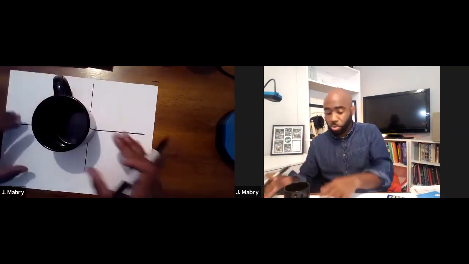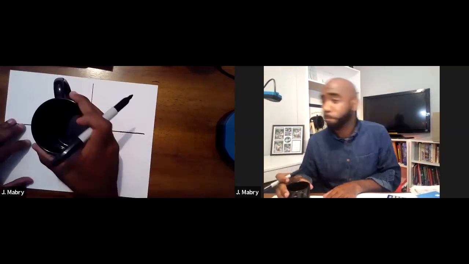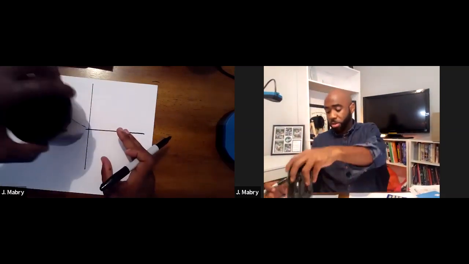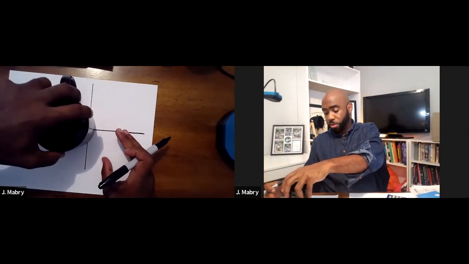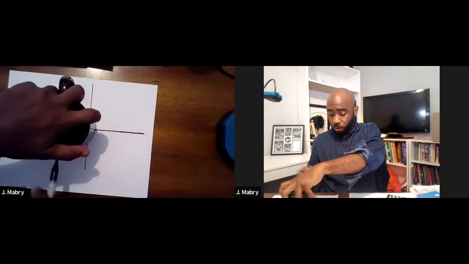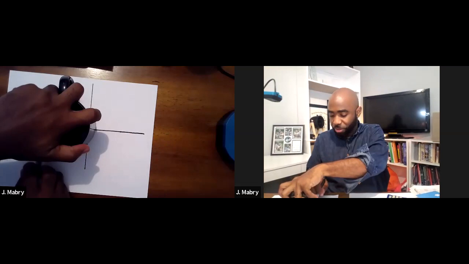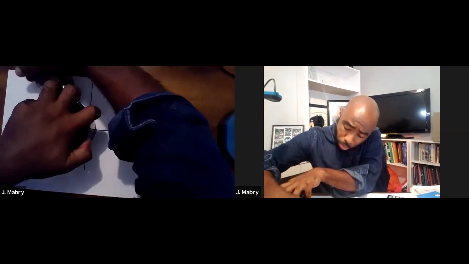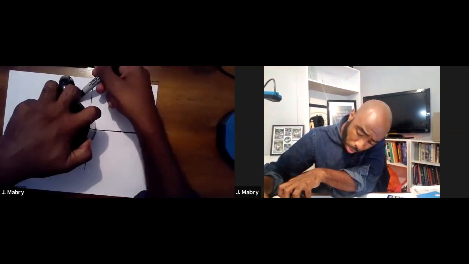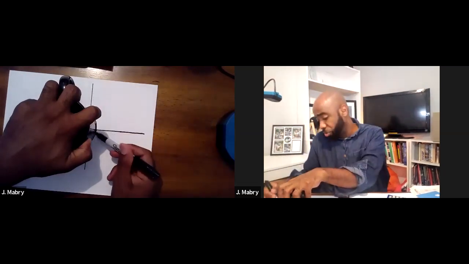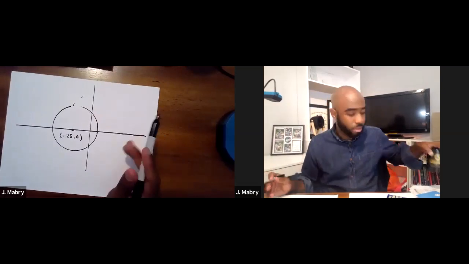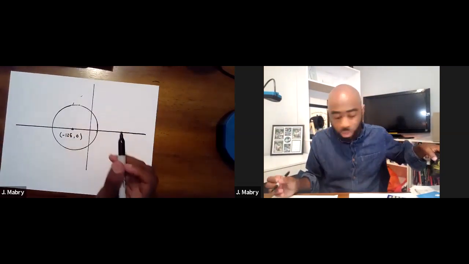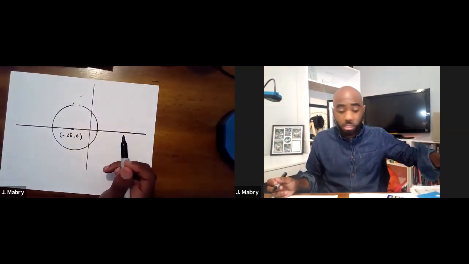Scratch the proportions. Hoping that dot is in the center of this mug. The only reason I'm drawing the circle first is because you have to have a nice clean circle, and I don't want to do it freehand. But it tells us our range.